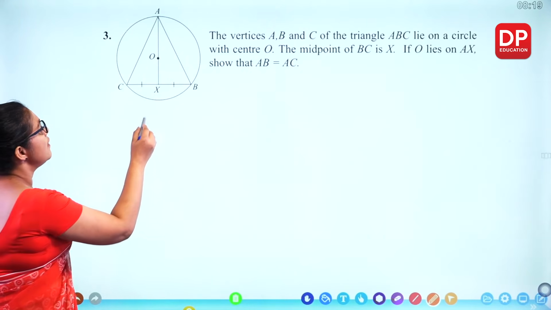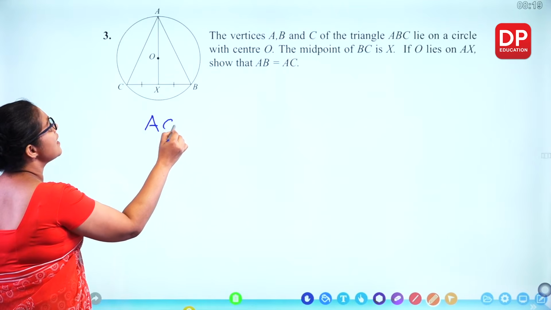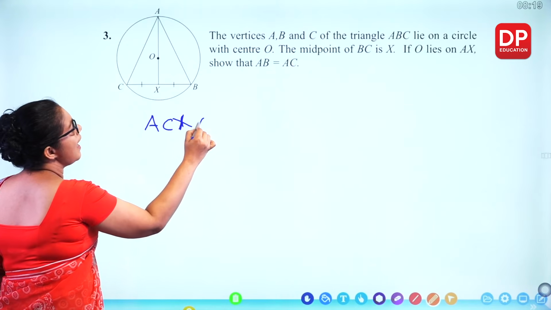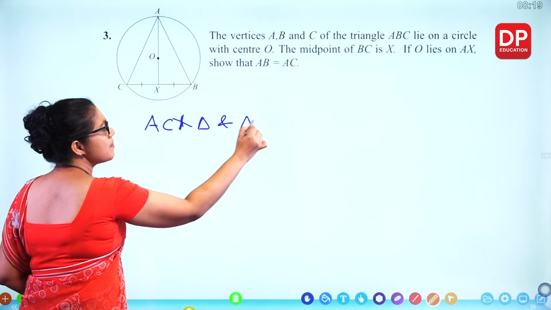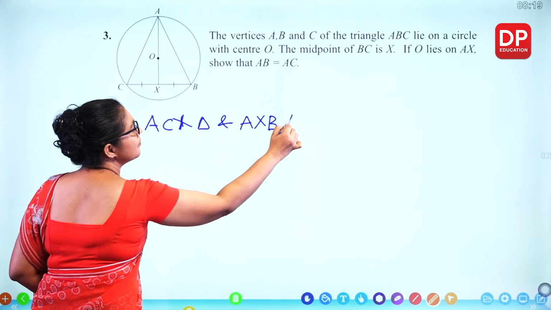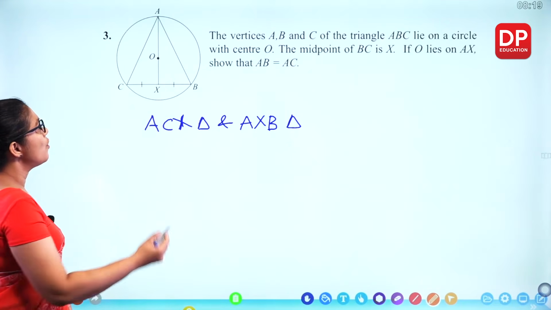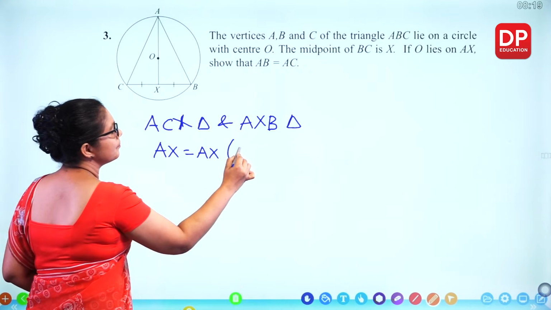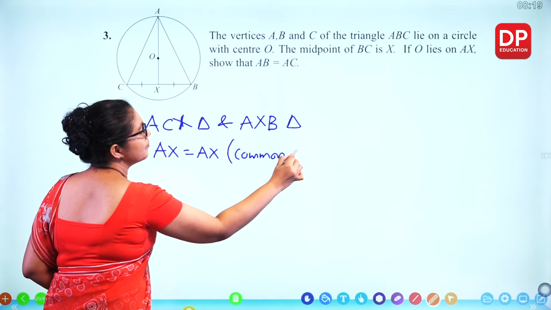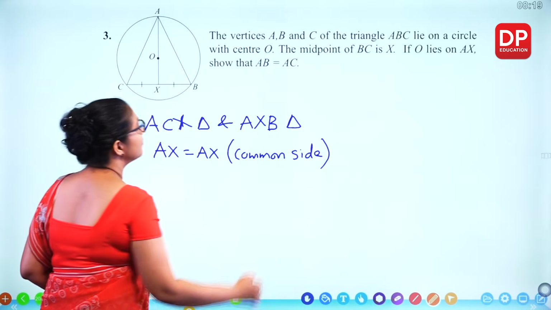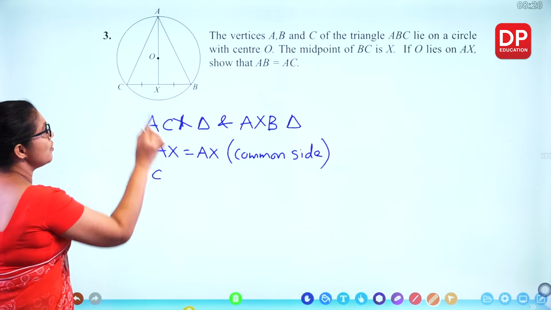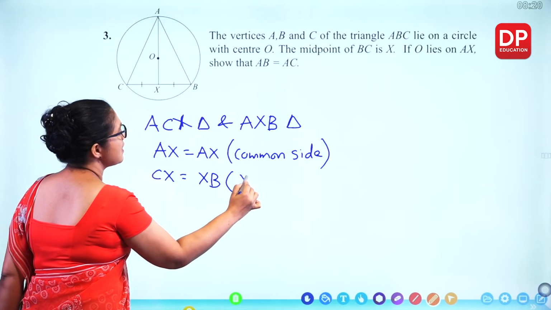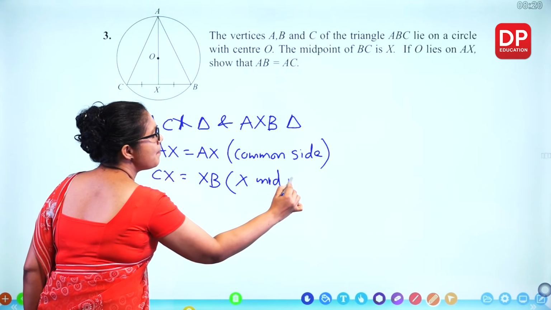So here we'll try to prove that. We'll take first ACX triangle and AXB triangle. What do you know about those? We know AX is common length. And also we know CX is equal to XB because X is the midpoint.